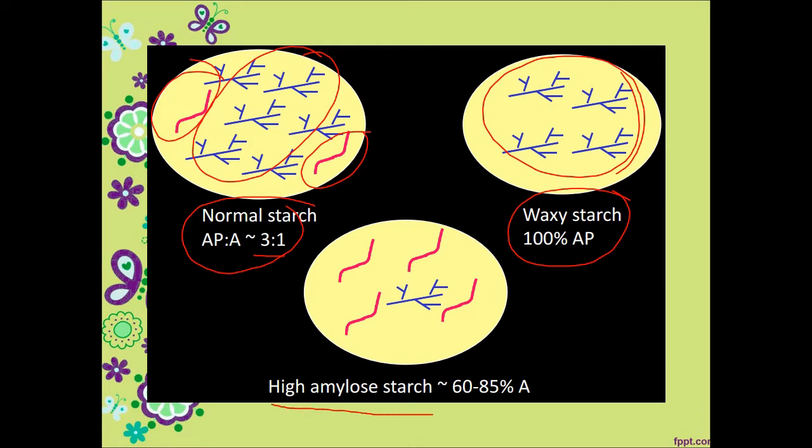For high amylose starch, it can go up to 60 to 85% amylose. The composition of amylose is more than amylopectin, and this only exists in mutant grains like wheat, maize, rice and barley.